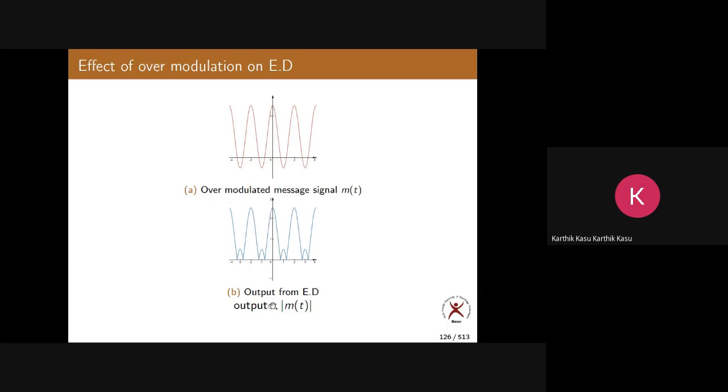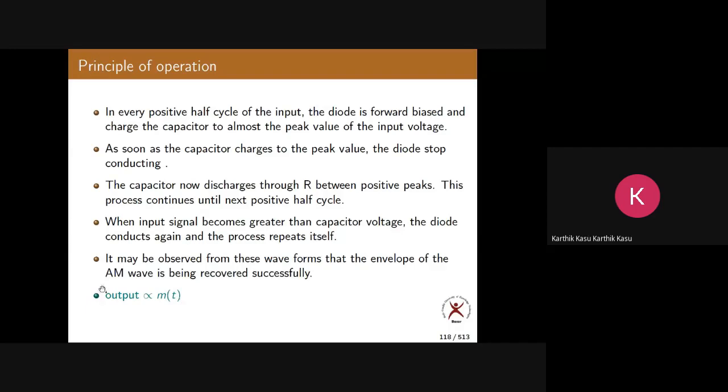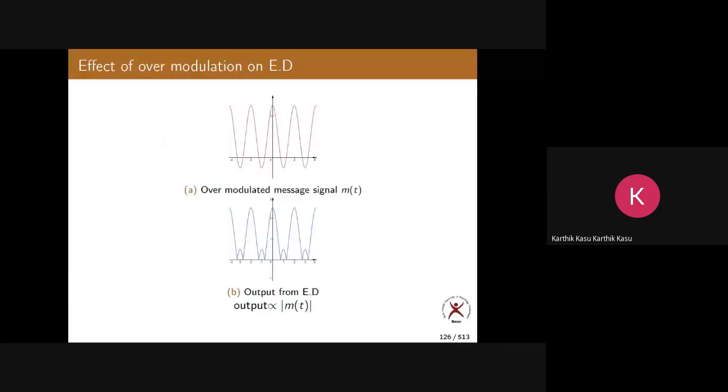So whenever mu is more than 1, the output of ED is not proportional to m(t), but it is proportional to mod of m(t). Generally, output is proportional to m(t) whenever mu is less than or equal to 1. But when mu is more than 1, output is proportional to mod of m(t). Mod of m(t) will never be equal to m(t), because you can see clearly these two are very different.